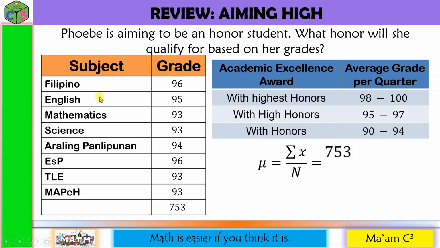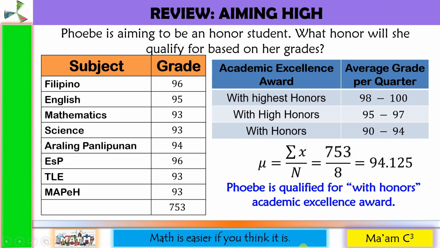There are 1, 2, 3, 4, 5, 6, 7, 8 subjects, so divided by 8. 753 divided by 8 is equal to 94.125, or 94 and 125 thousandths. And this average belongs to 90 to 94, so Phoebe is qualified for the With Honors Academic Excellence Award.